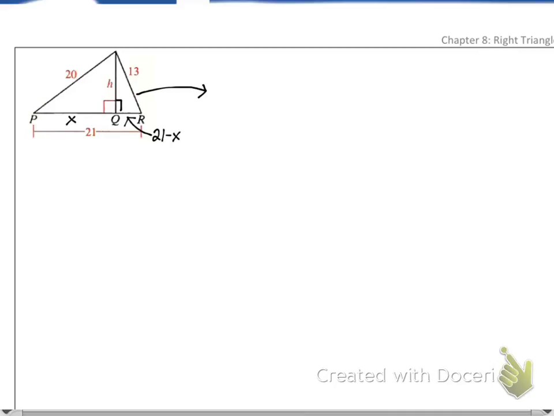Okay, so for that triangle right there, if I use the Pythagorean theorem, one of my legs is h, so I'd have h squared. My other leg is 21 minus x. I'm going to square that guy, and that's going to equal 13 squared.